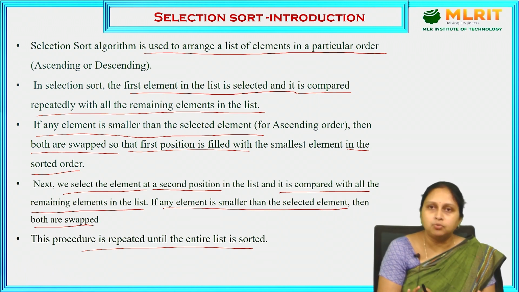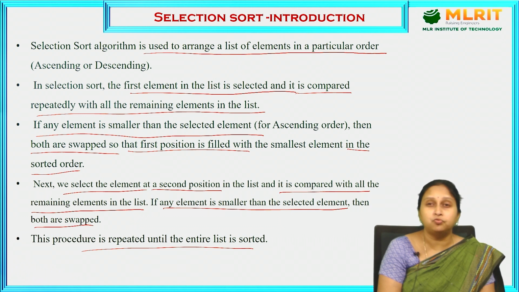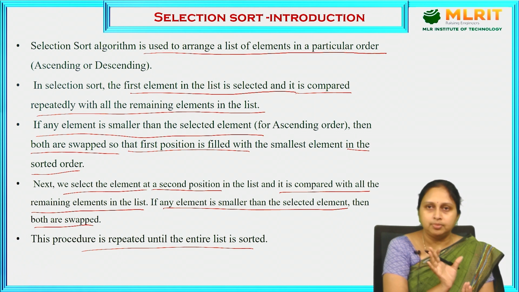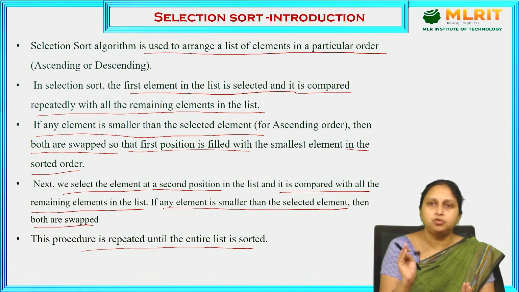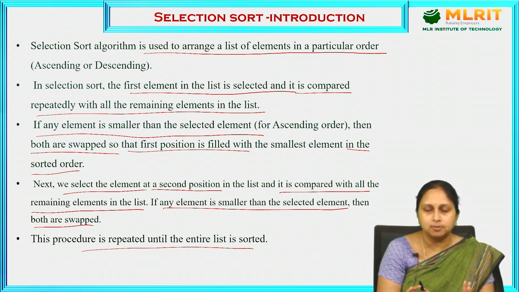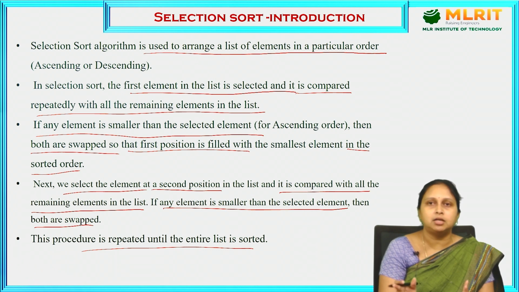Here, mainly, we are going to take the first element and compare it with all the elements. In that comparison, if you find the smallest element, then the first element and the smallest element are going to be swapped.